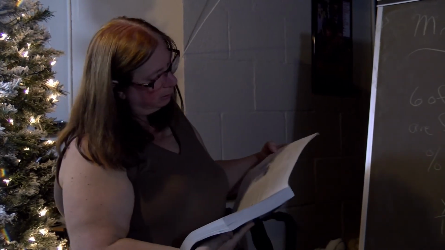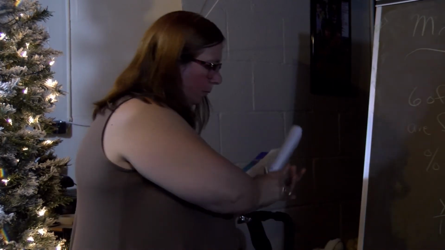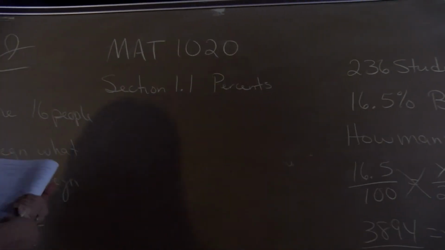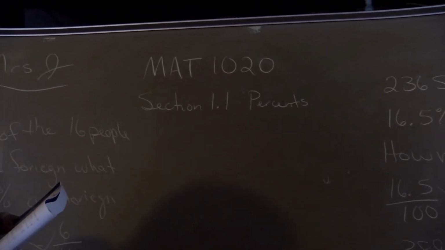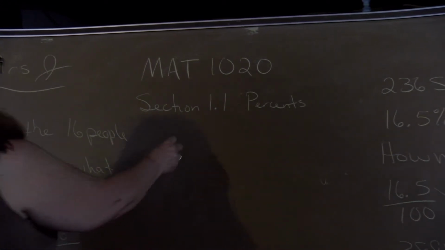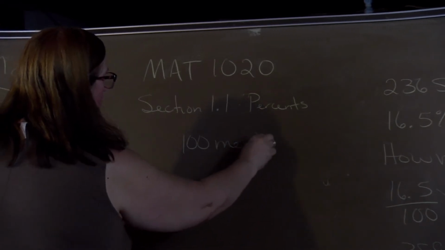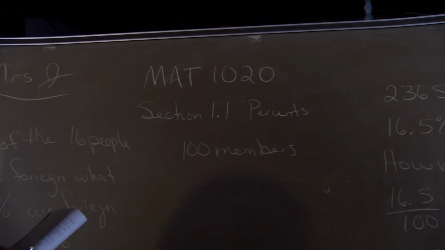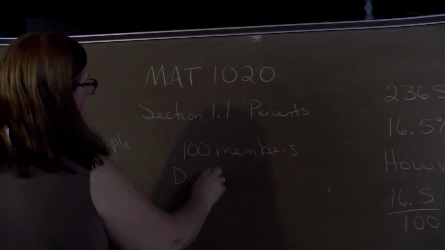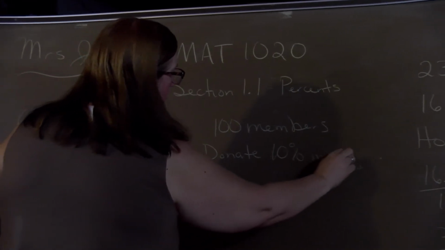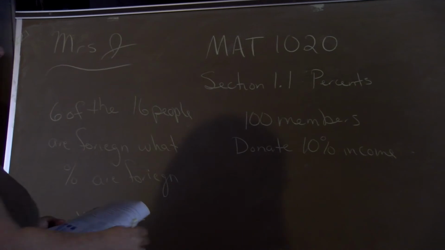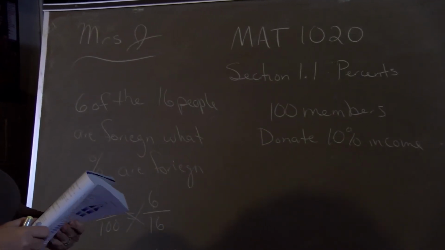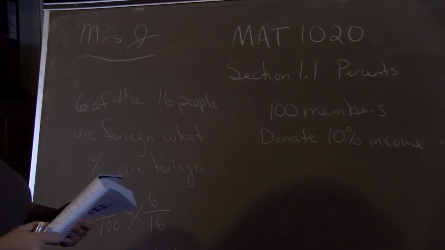Number 8. Suppose that the church congregation has 100 members, each of whom donated 10% of his or her income to the church. The church collected $250,000 last year from members.